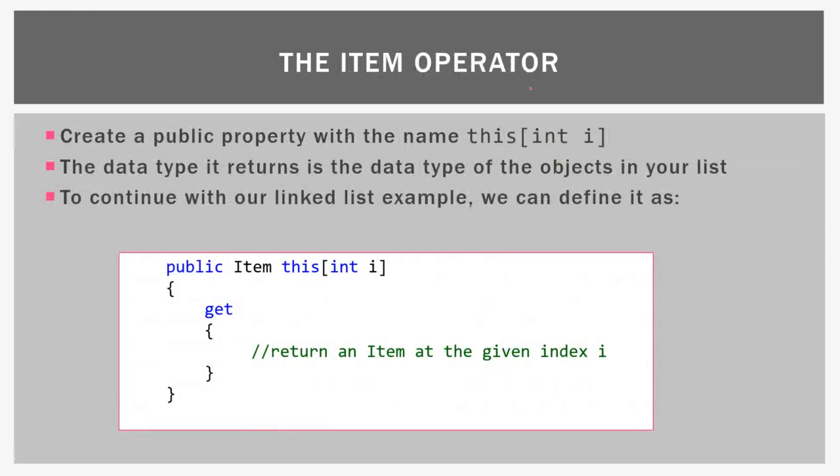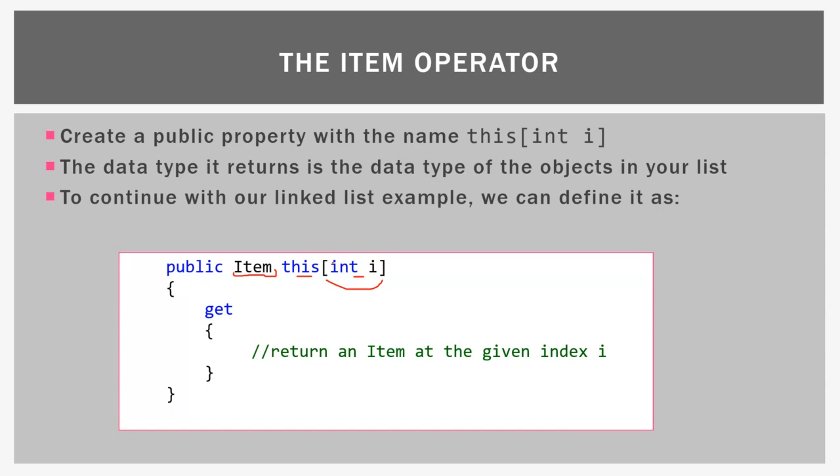In order to write the item operator, we create it as a public property. So we have the access modifier public, and the data type is item. The name of the property is this with the square brackets, and inside there your integer index. It's a funny way of looking at it when you think, well, what's the name of it?